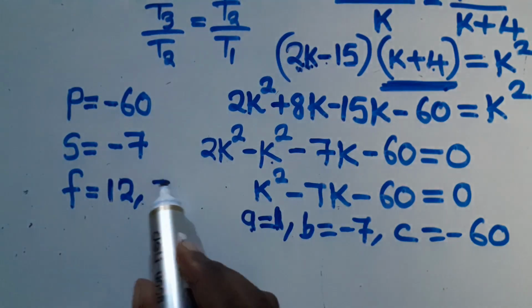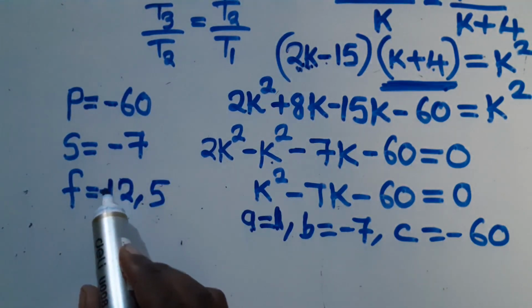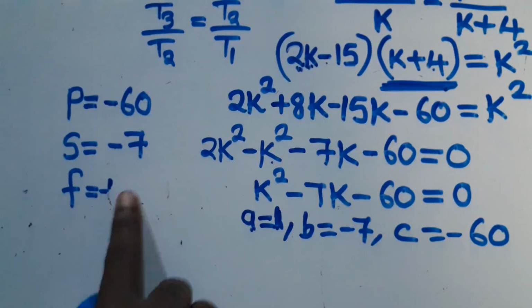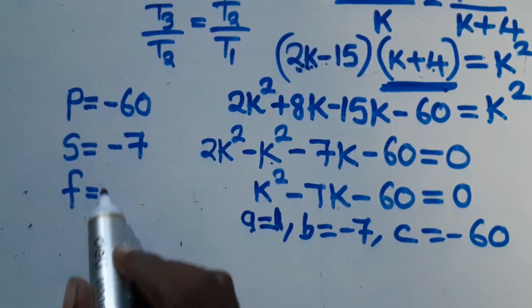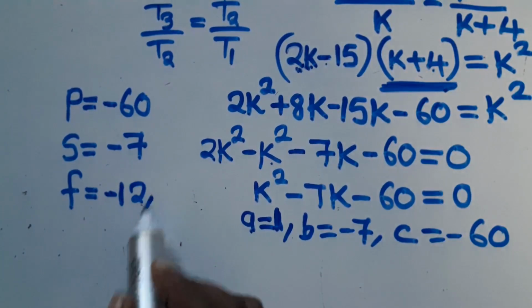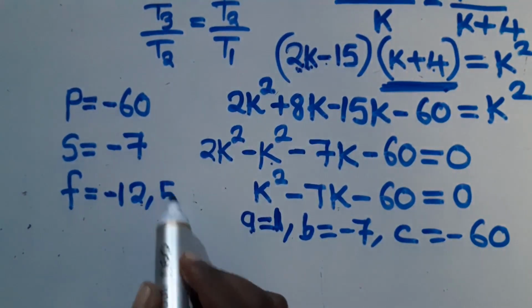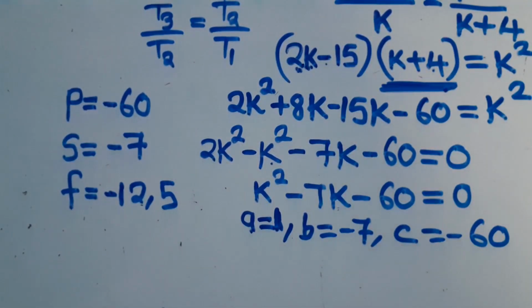So say negative 12 and 5. These are the two numbers. So let me just confirm. 12 times 5 still gets 60. Negative 12 plus 5. This is negative 7. So these are the factors that we have gotten.